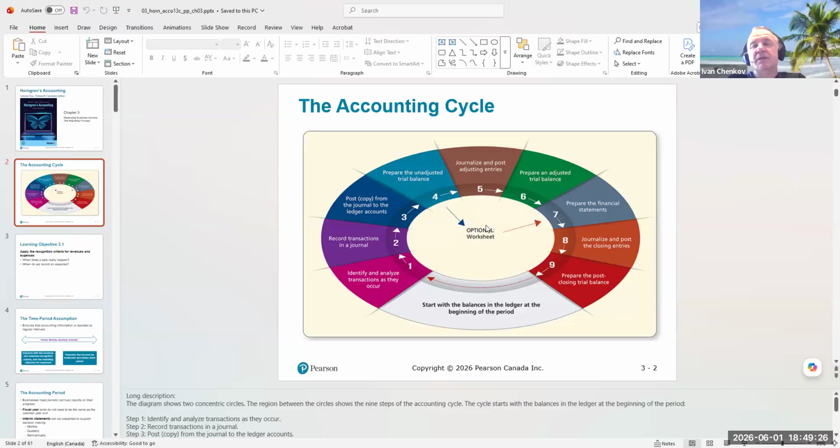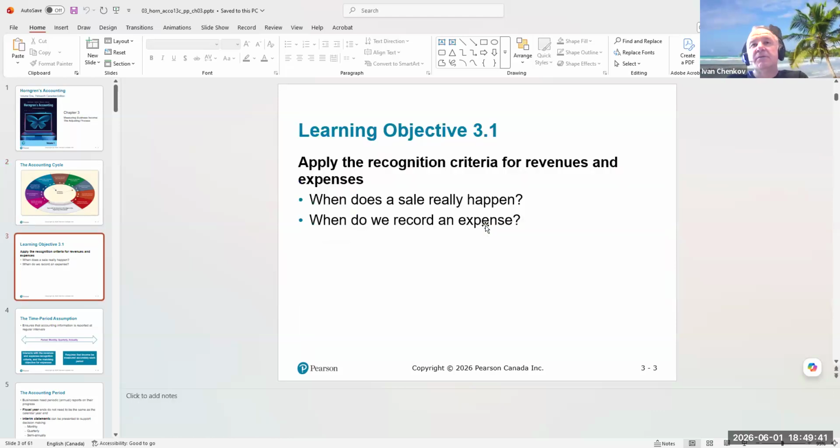Last time we saw that we can even prepare the financial statements. But now, before we do that, we're going to make some adjustments. Now the question is, why do we need to make those adjustments? And how are we going to make them?